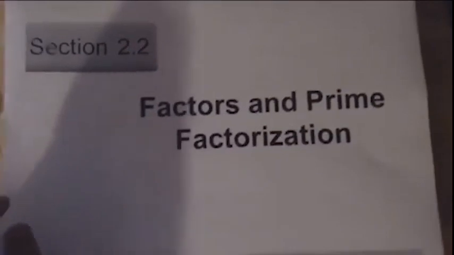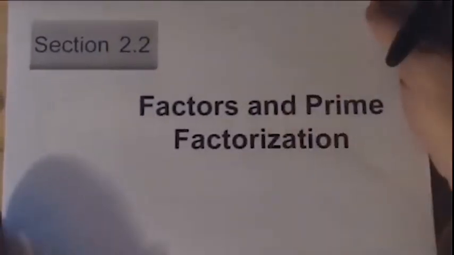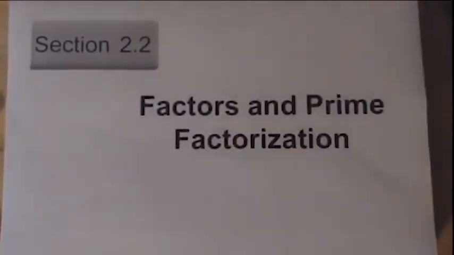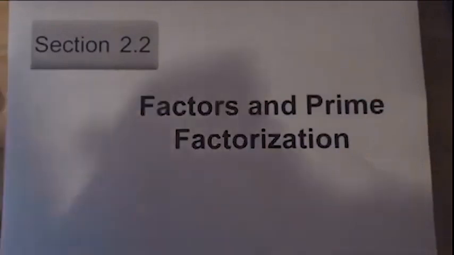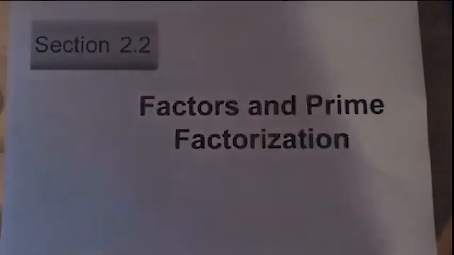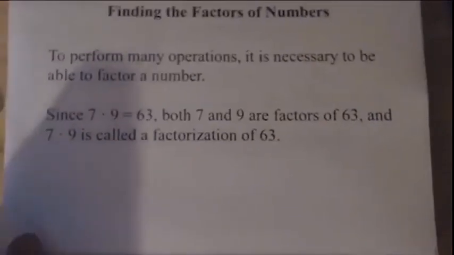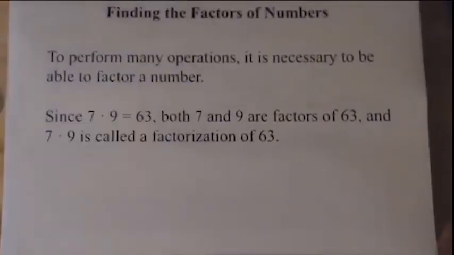Let's now move into section 2.2 on factors and prime factorization. So in order to do a lot of math, you're going to have to be able to factor a number. So what that means is taking a number and finding two other numbers that multiply to give you the number.